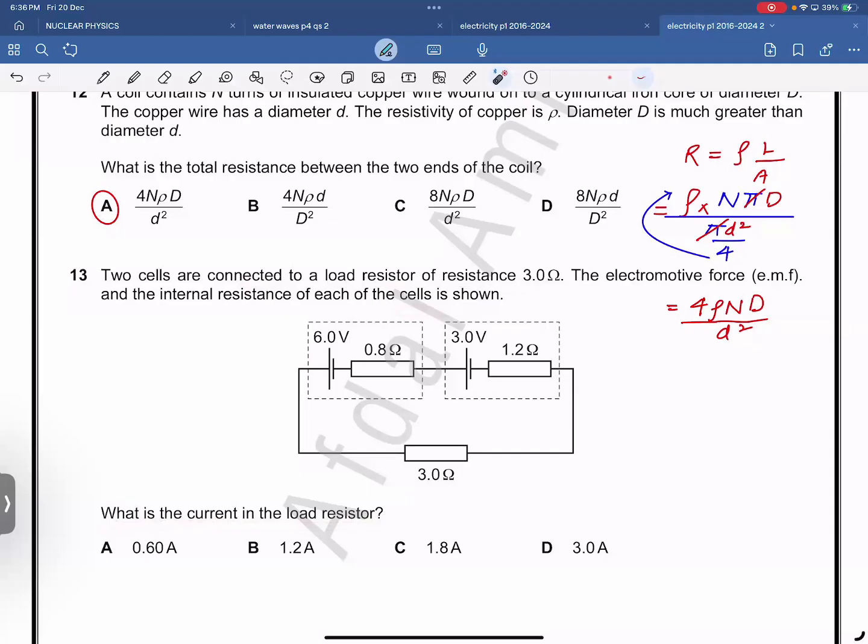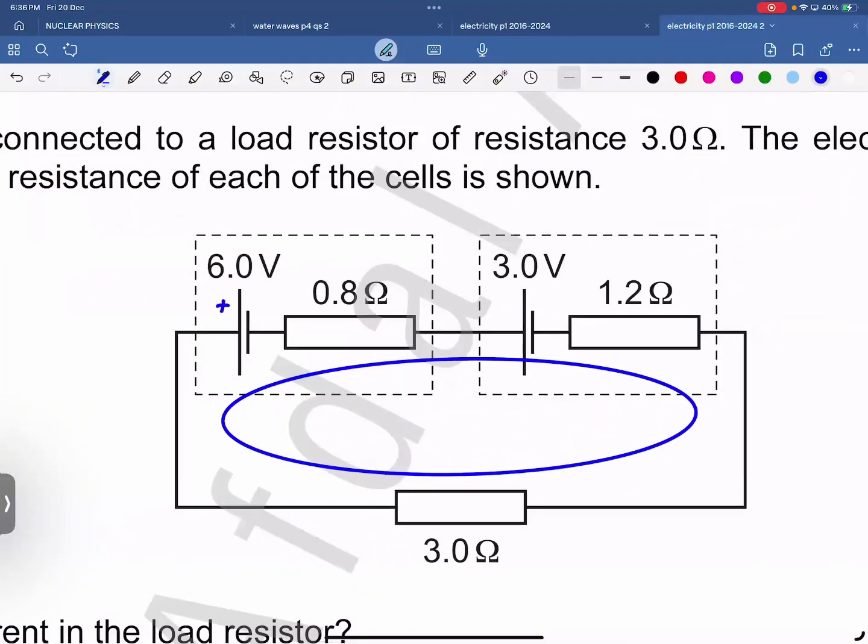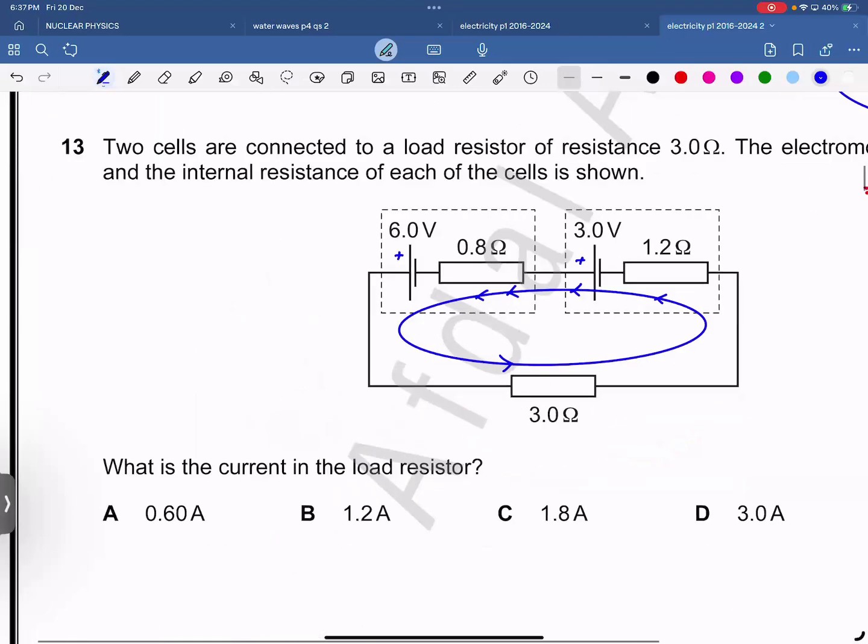No problem. Kirchhoff's second law. Apply Kirchhoff's second law, my dear. Loop direction I will take according to the batteries, positive, positive, so I'm taking this way. Sum of EMFs is equal to sum of PDs. EMFs are both 3 plus 6.